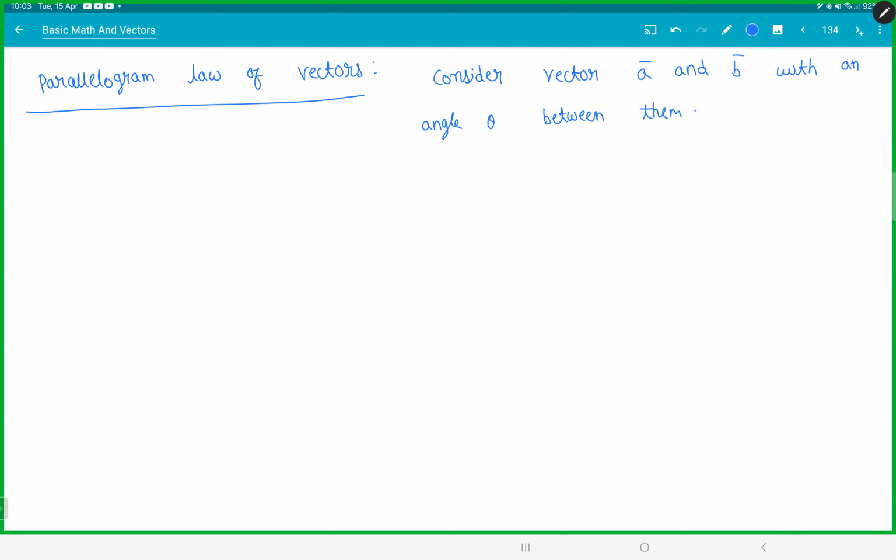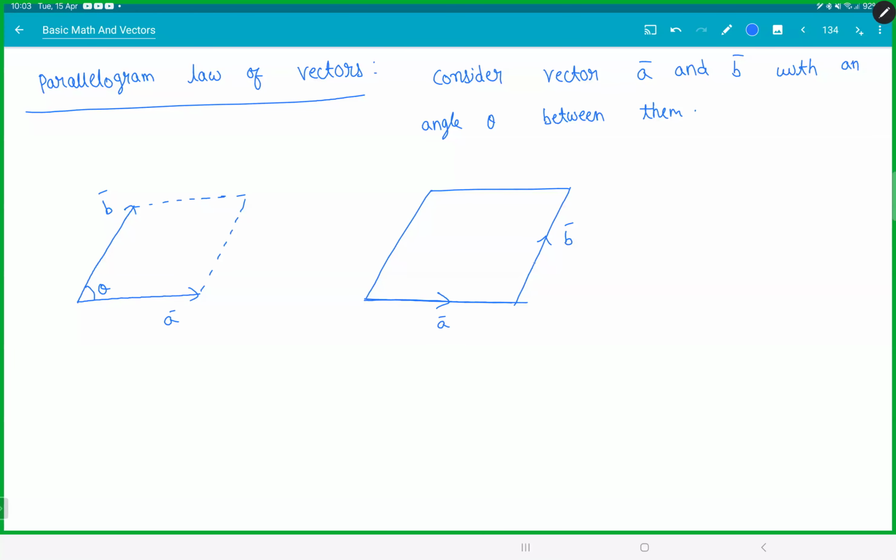So what this law says is, if you take 2 vectors, A bar and B bar, now since we know the vectors can be shifted parallelly, they will form the sides of a parallelogram. So this guy becomes a parallelogram. So this becomes A bar and this becomes B bar.